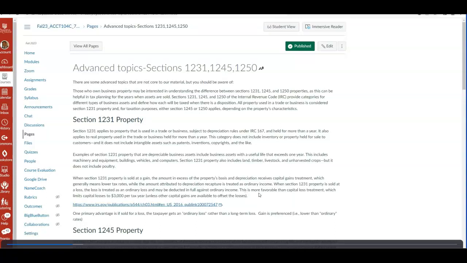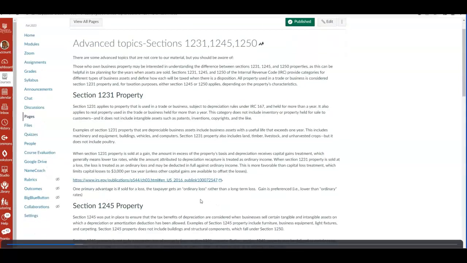So this is technically more favorable than capital loss treatment, which limits capital losses to $3,000 per tax year, unless other capital gains are available to offset the losses. So far, so good? So one primary advantage is, if sold for a loss, the taxpayer gets an ordinary loss rather than a long-term capital loss. That's beautiful. Gain, however, gets preferential rates, lower than ordinary rates.